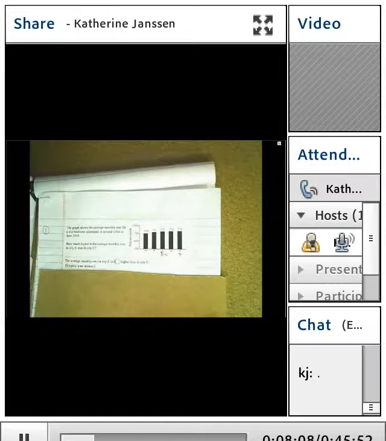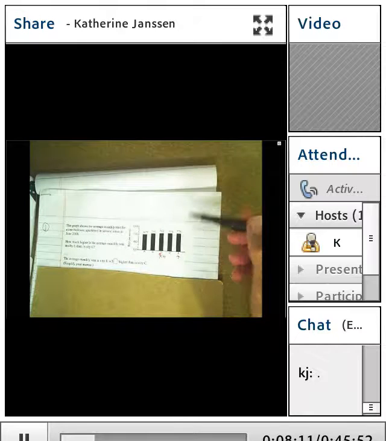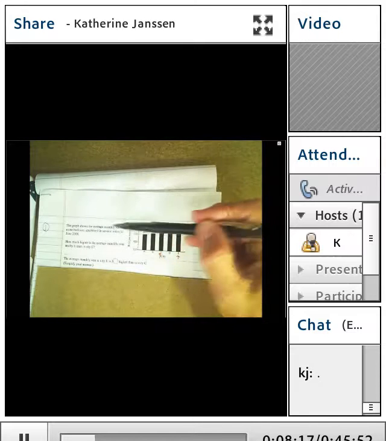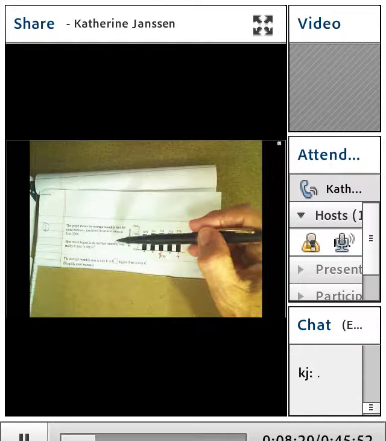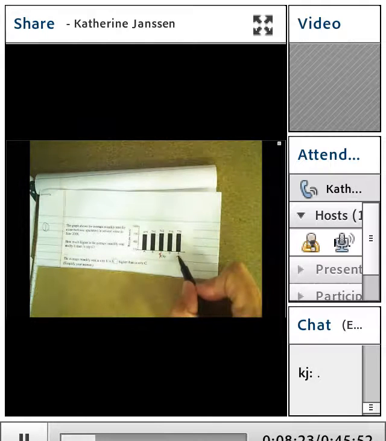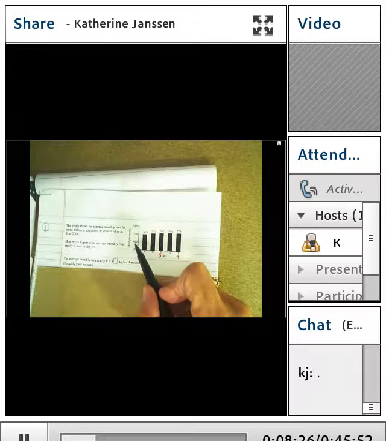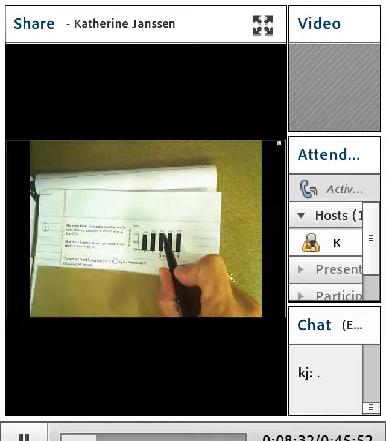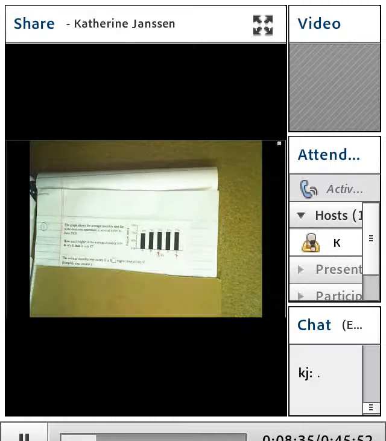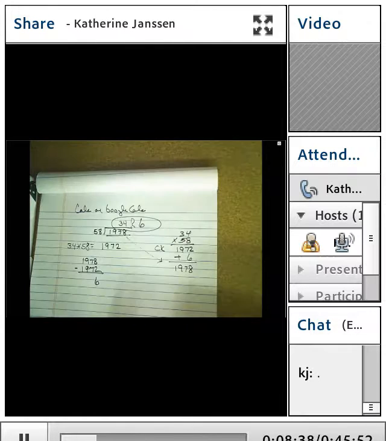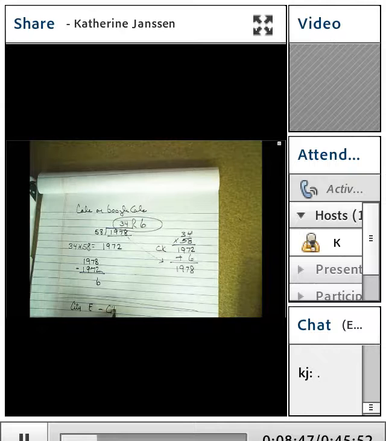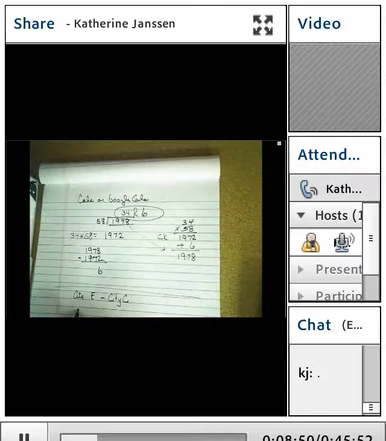In the next example, we're evaluating a graph. The graph shows the average monthly rent for a one-bedroom apartment in several cities. How much higher is the average monthly rent in city E? Well, here's city E, and we're looking at the rent per month in dollars, compared to city C, and here's city C. So I'm going to pick up the comparison, city E minus city C. City E on my chart is 776.